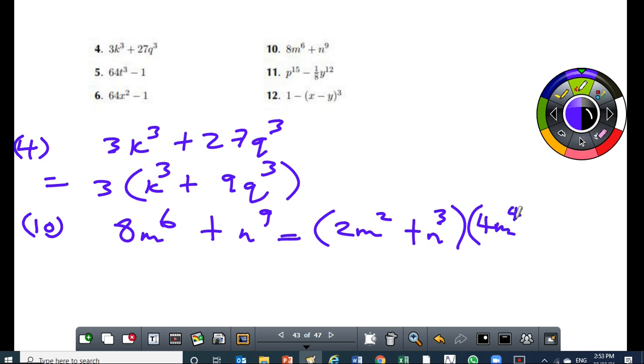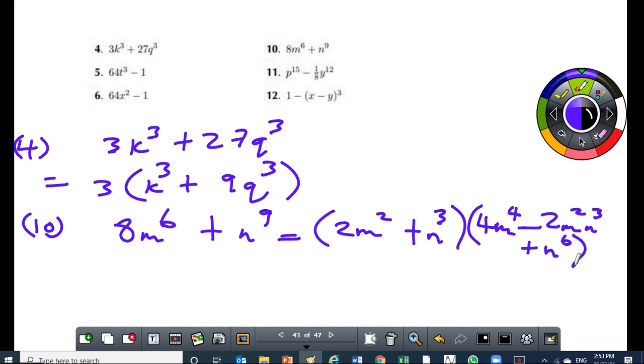So you square the first term of the binomial factor. Then if there is a plus here, you put a what? Minus. Okay? Then to get the middle term, you multiply the first term and the second term. So that will give you 2m squared times n cubed. Then the last term of the trinomial will be equal to n cubed all squared. So that will give you plus n to the power of 6.